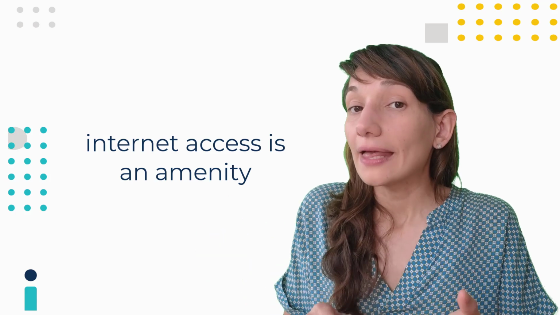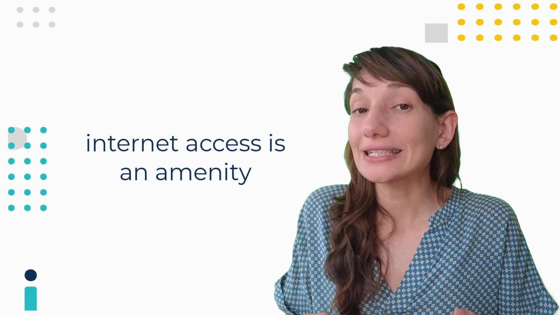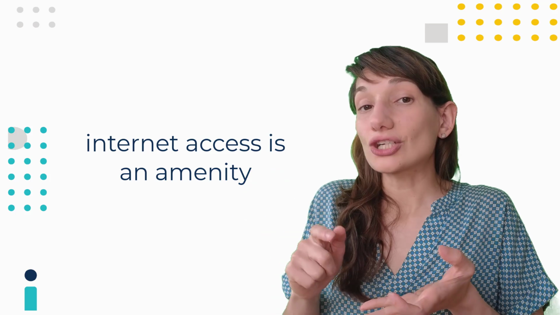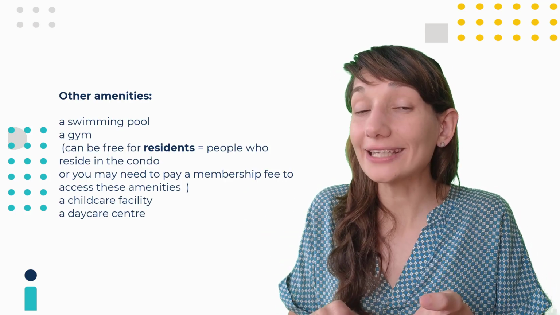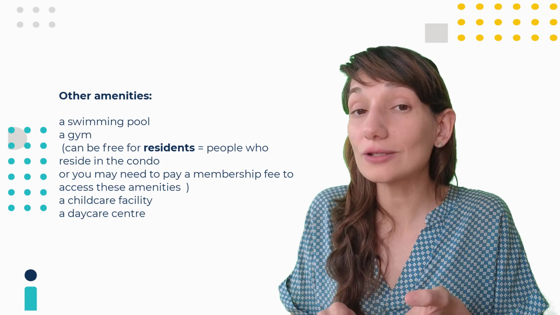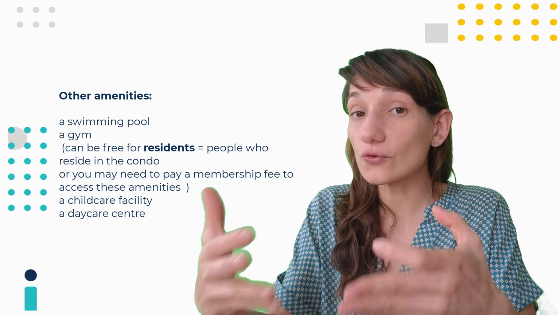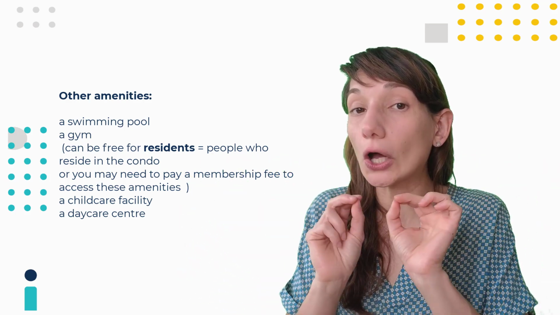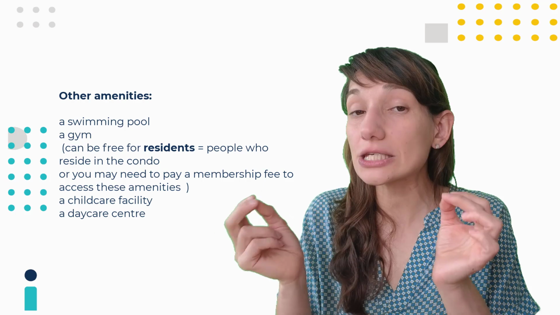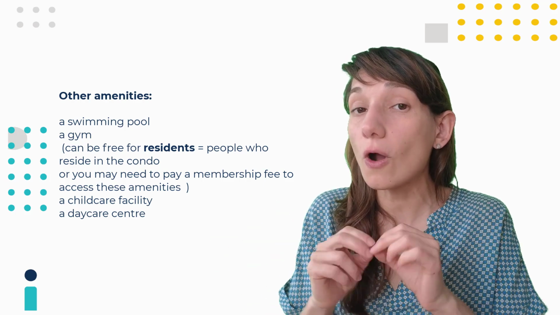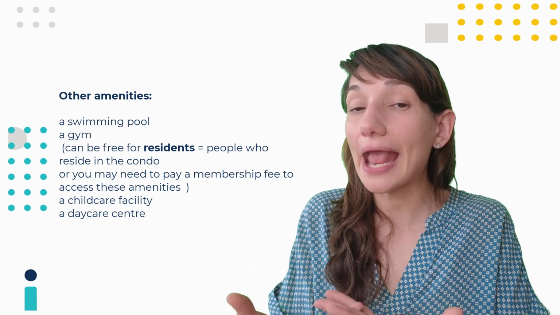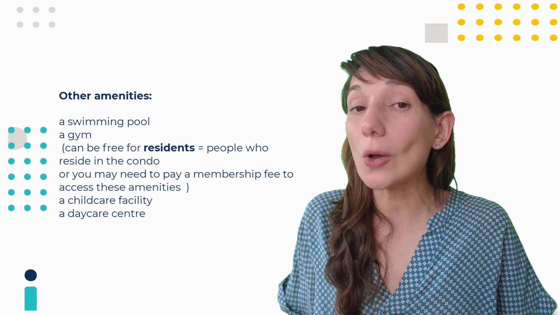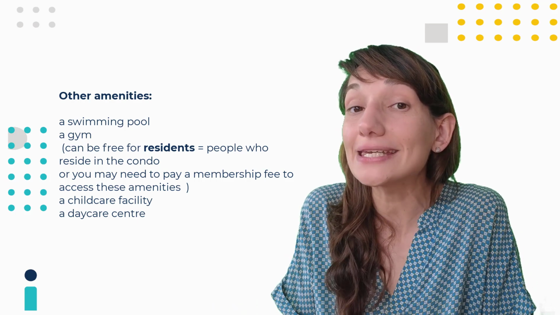So if the internet access is an amenity, such condos may have a swimming pool on site. They may also have a gym on site, which can be either free for people who reside in the condo, for residents of the condo, or you may need to pay a membership fee to access these amenities.